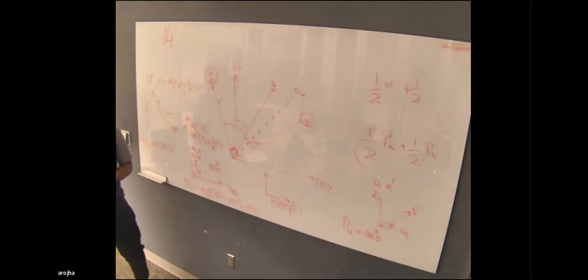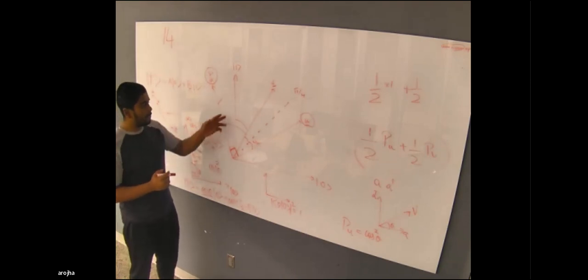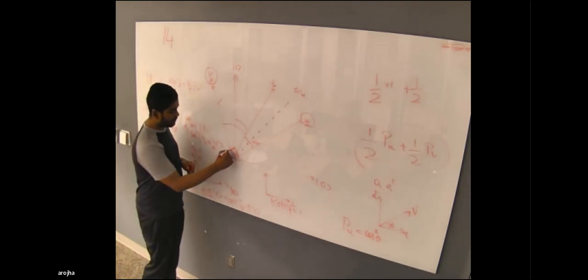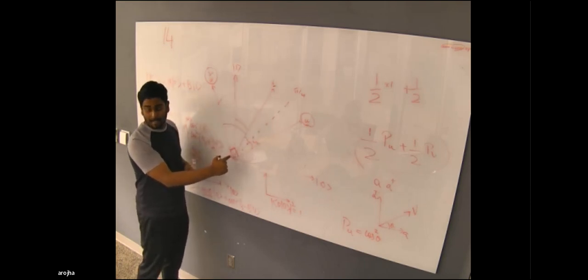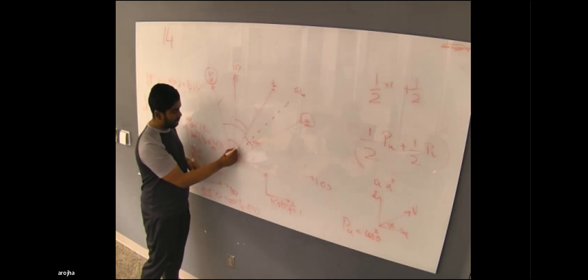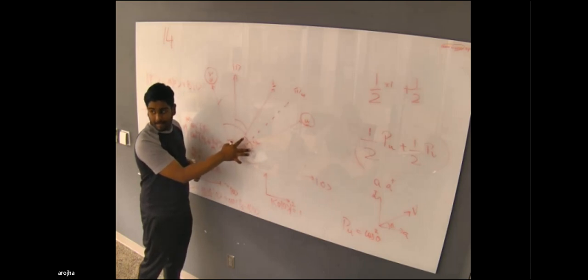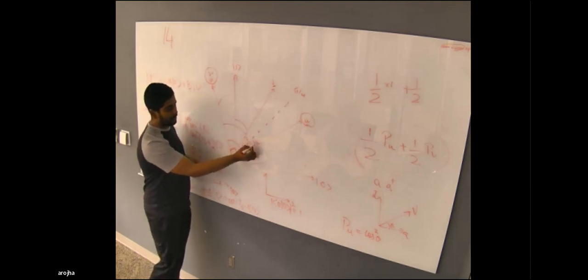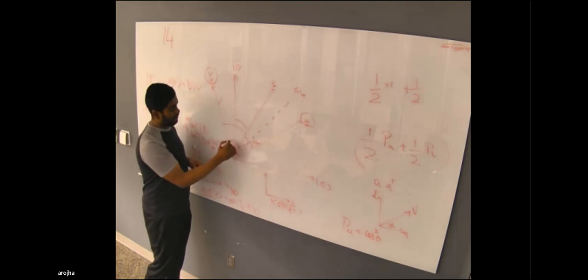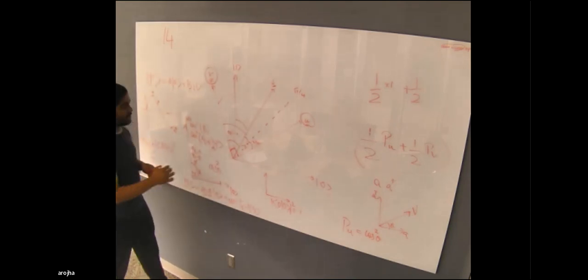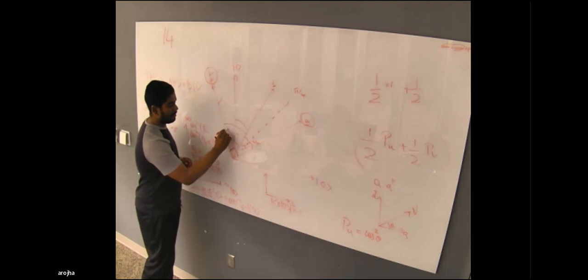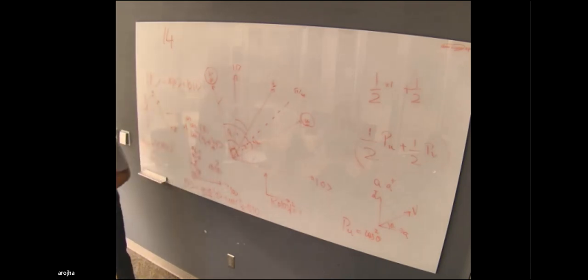Now I want the angle between them, which is very simple because this is u and u perpendicular, so this has to be 90 degrees. I know that this entire thing is x. And this angle will be 90 degrees minus x.